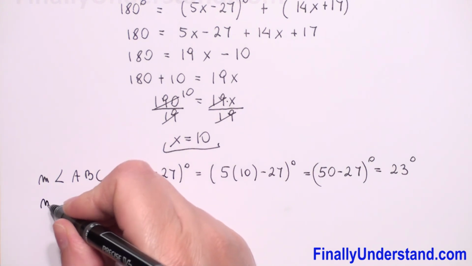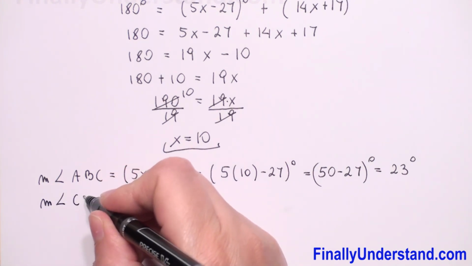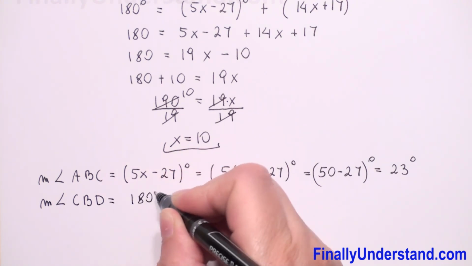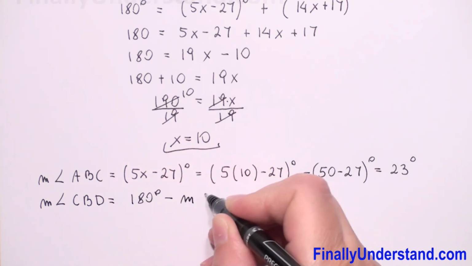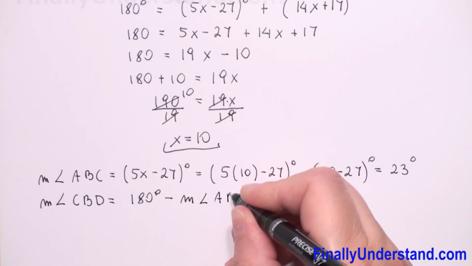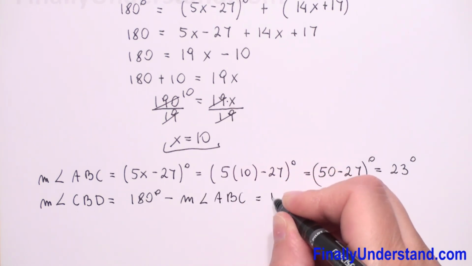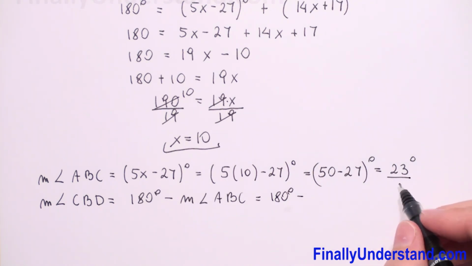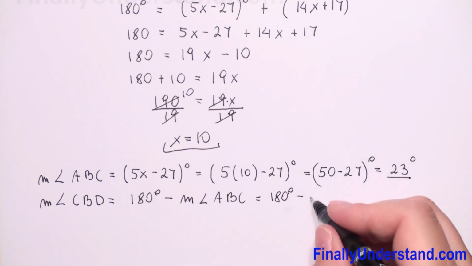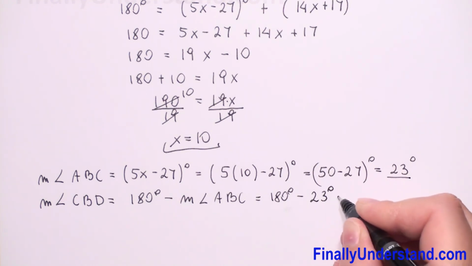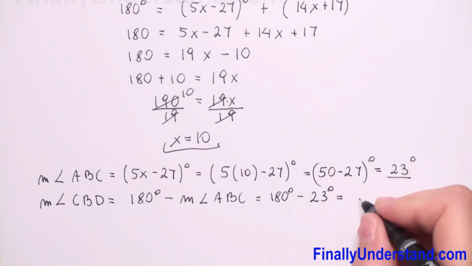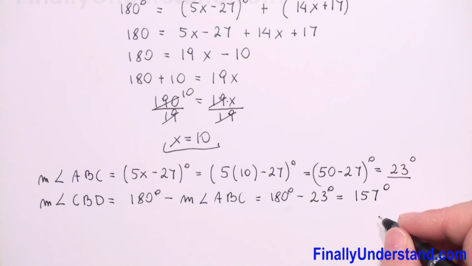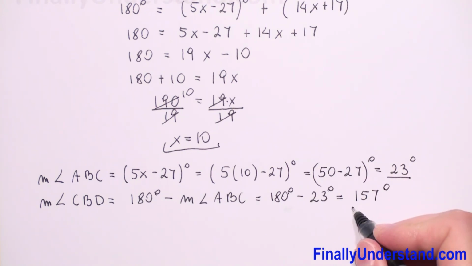So the measure of angle CBD is equal to 180 degrees minus the measure of angle ABC. So this is equal to 180 degrees minus, we have the measure of angle ABC is 23 degrees. So this is equal to 157 degrees. So this is my solution.